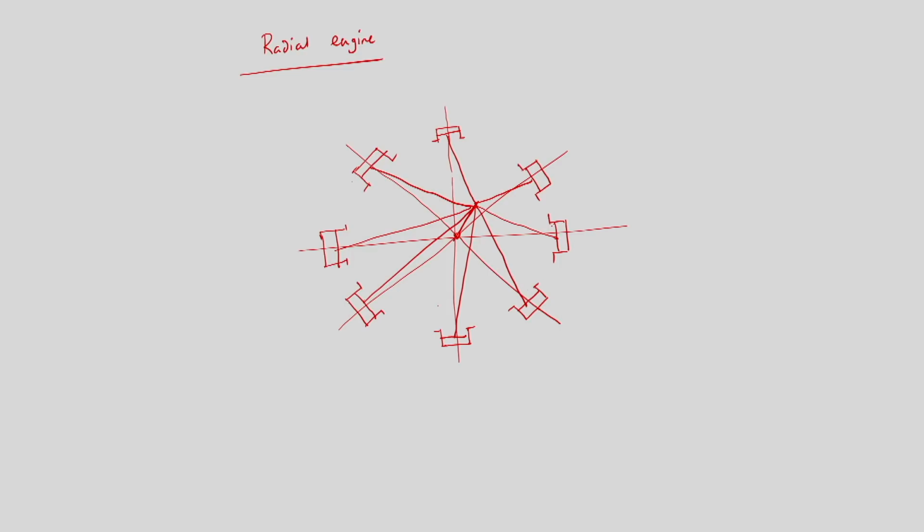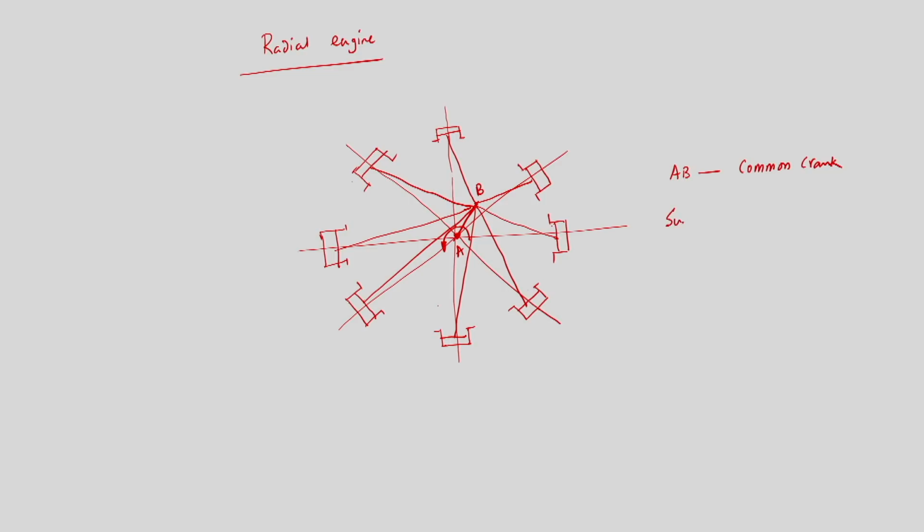So this is the crank and it is rotating in this direction. We have a multi cylinder common crank, this AB is the common crank. So, we have a common shaft, this is the common crank, all cylinders are connected to this common crank through connecting rods, and this is suitable for multi cylinders.